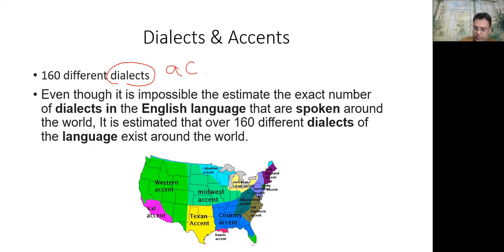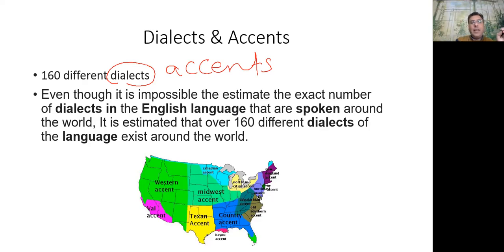Even though it's impossible to estimate the exact number of dialects in the English language spoken around the world, it's estimated that over 160 different dialects or accents of the language exist.